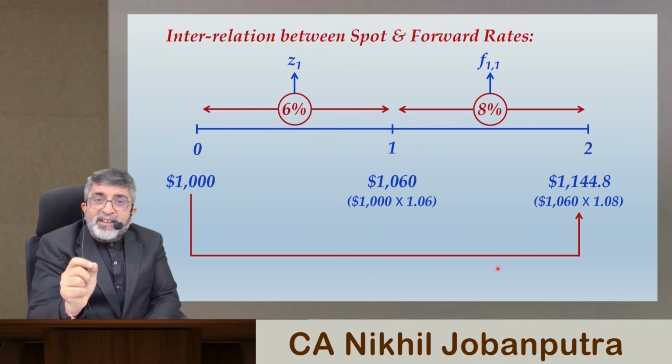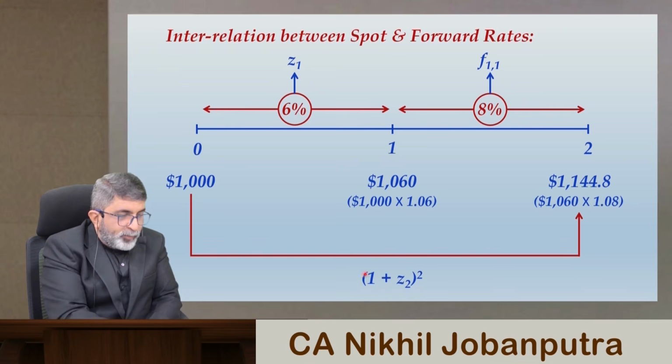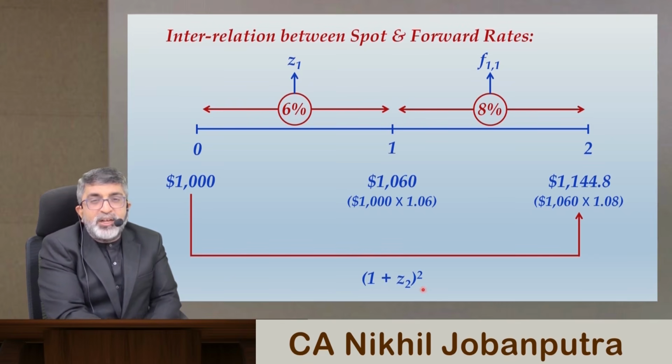So for both years the factors will be 1 + Z2, 1 + Z2. In other words, it is (1 + Z2) whole squared. Now you need to connect 1000, (1 + Z2) whole squared as a factor, and this $1144.8. When you connect these three, you will get an equation from which you can arrive at Z2.